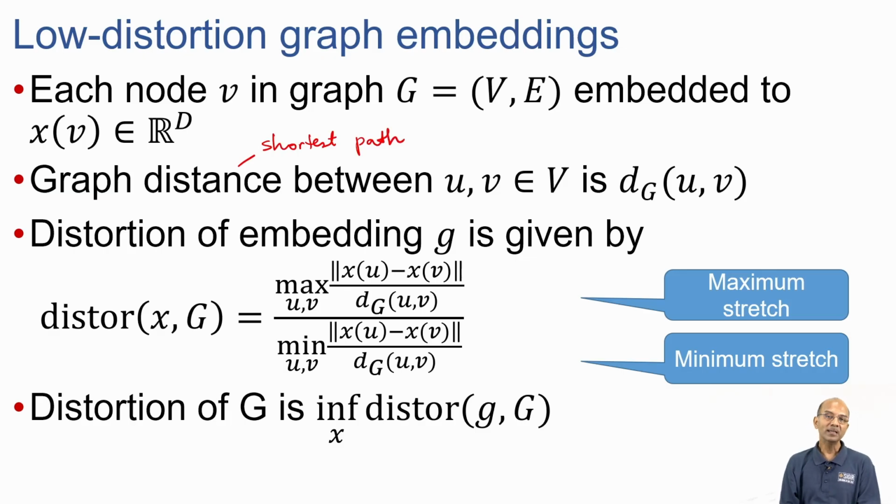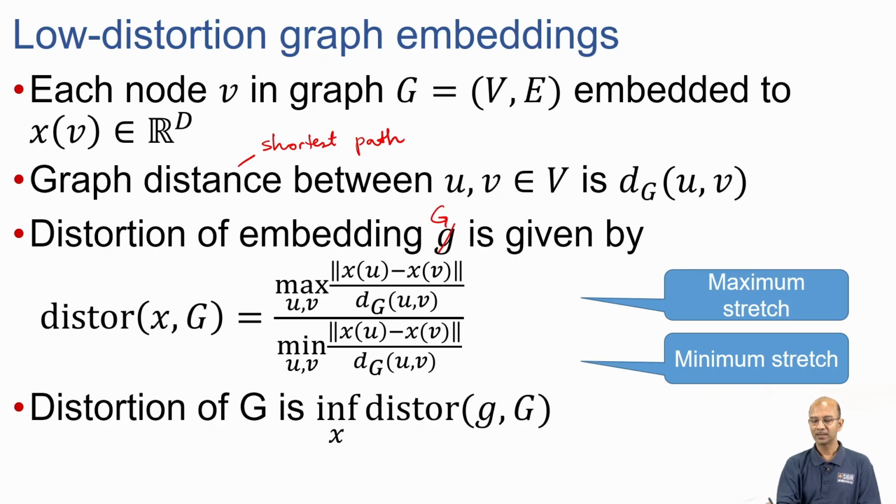In case of a tree, that would mean the path through the closest ancestor, or in a DAG. The distortion of this embedding with respect to the graph G will be given by this quantity. It will have a numerator and a denominator.